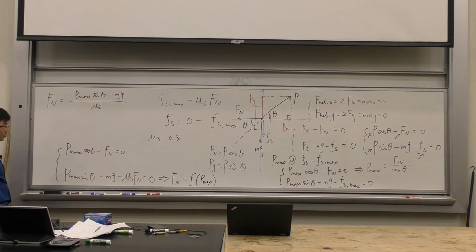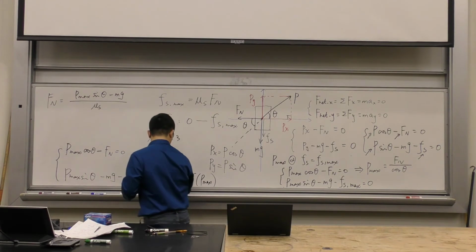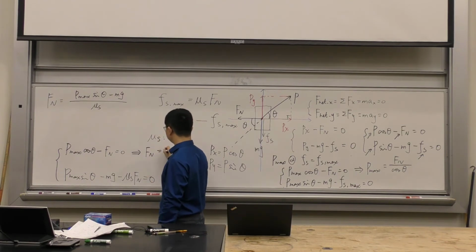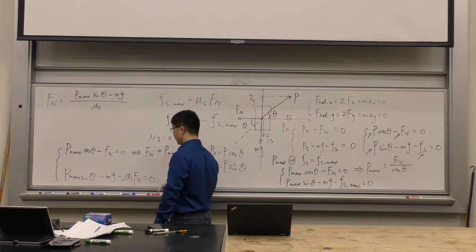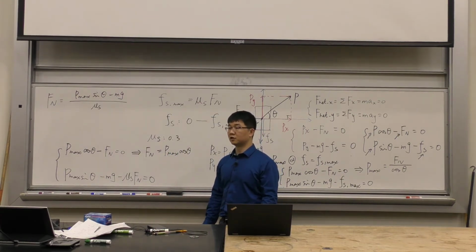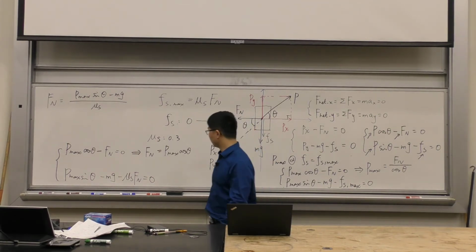Okay, so that's what you got. Or what you can do is write P in terms of Fn. Okay, so that's an easy way. The easier one is this, you use this equation to find Fn, but either way you will get the right answer, right? The idea is the same. You just write Fn in terms of P and then plug it into the other equation.